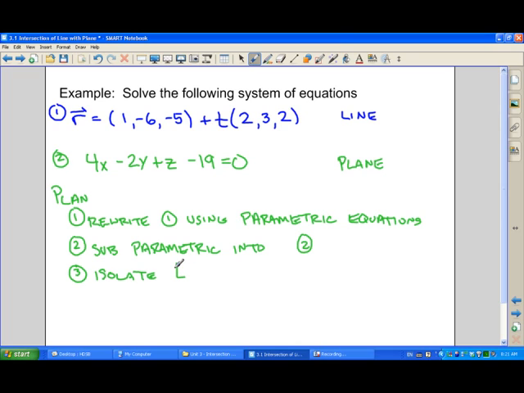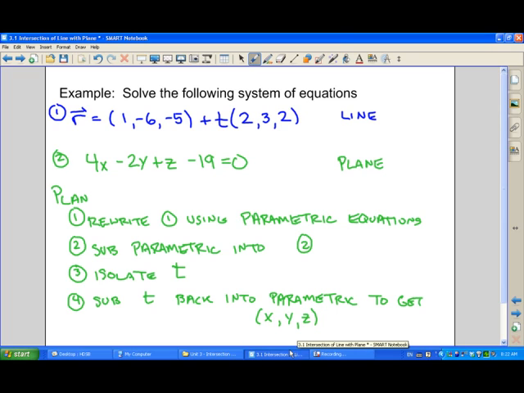We're going to isolate and solve for the parameter t. And then we'll sub the parameter t back into the parametric equations in order to get the potential point of intersection at some coordinate x, y, and z. So those are the 4 steps we want to follow.